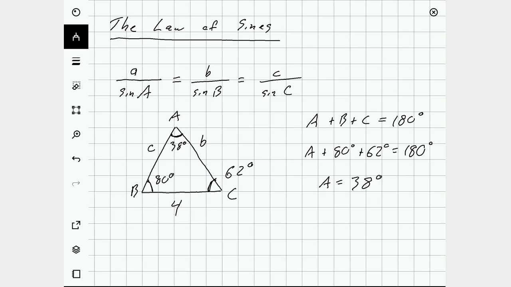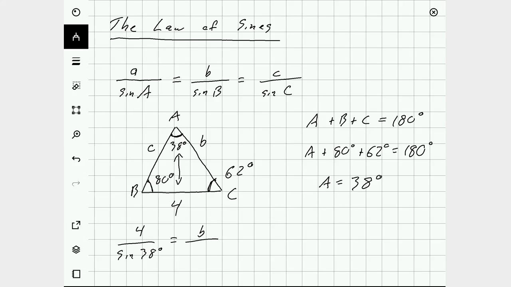Because very specifically what we need is a pair where I have angle and opposite side both known. In this triangle, that pair is little a, which is 4, and angle A, which is 38 degrees. I can take that information and pair it with one of the other pieces. Let's go for B first.